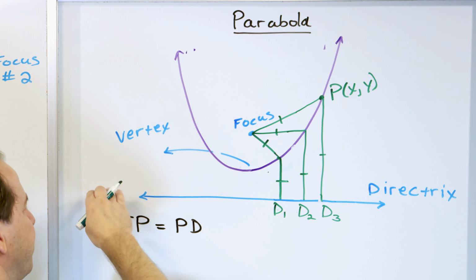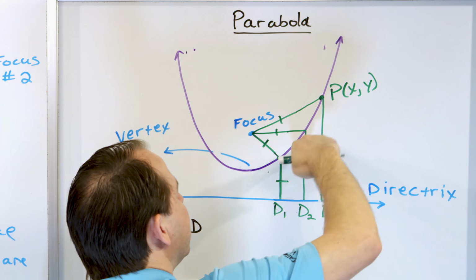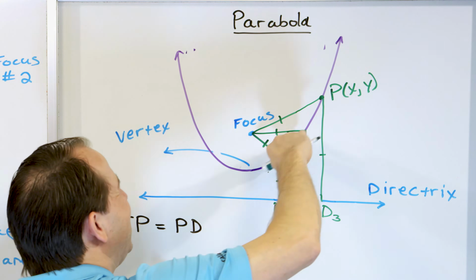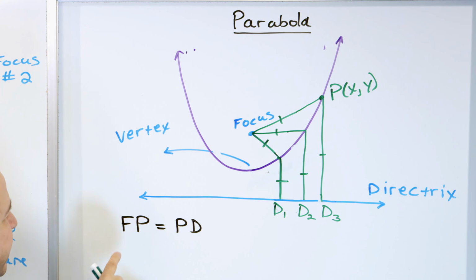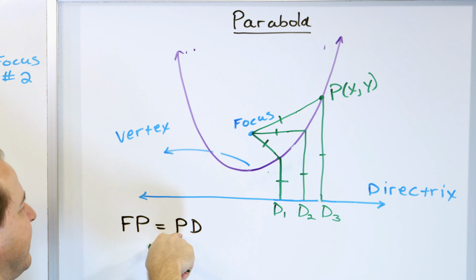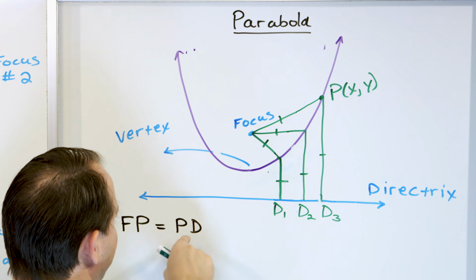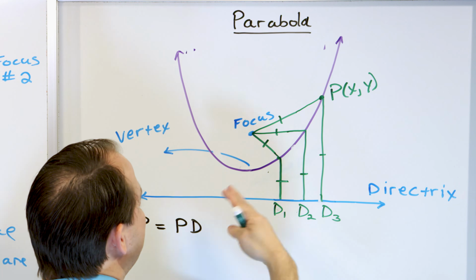So the set of points on the directrix is called the points D, the set of points on the parabola called the set of points P, and the focus is just one point. So the distance from the focus to the point on the parabola is the same as the distance from the parabola down to the directrix, from point P. Whatever point you pick on the purple curve is going to be true.